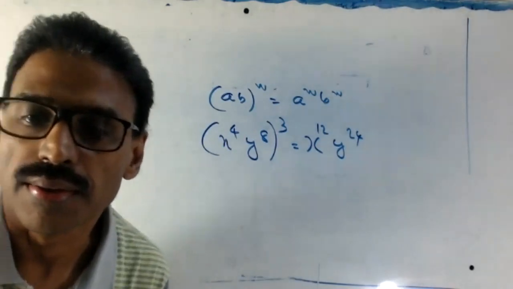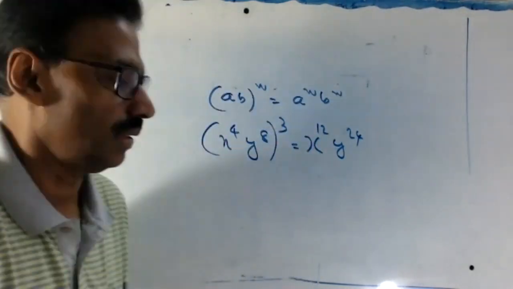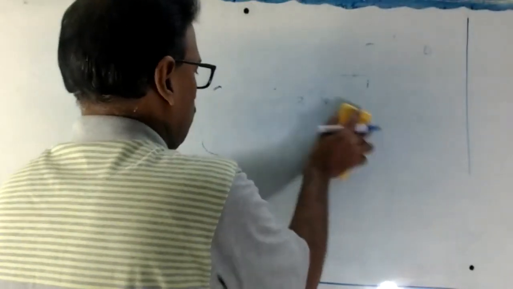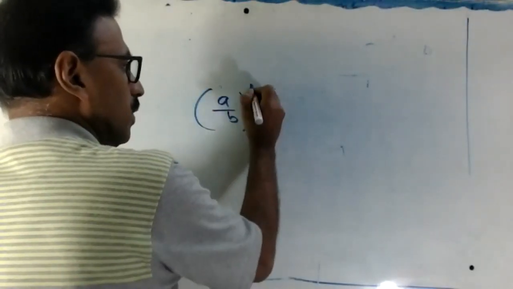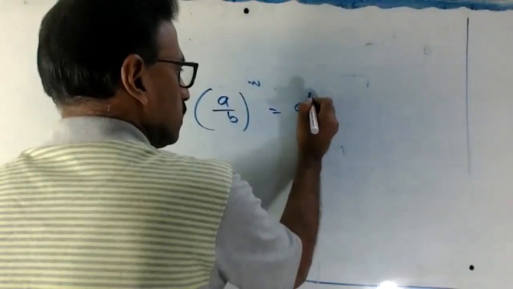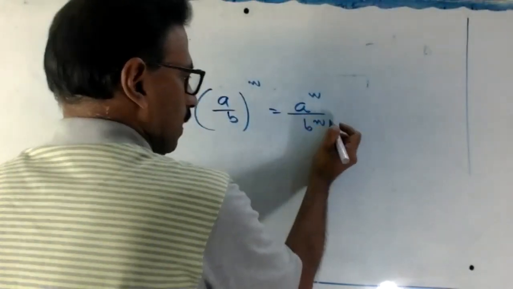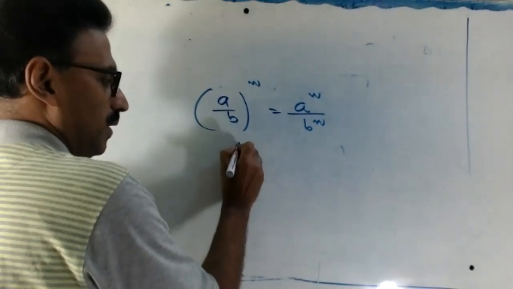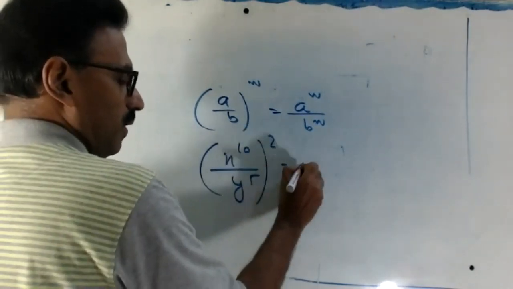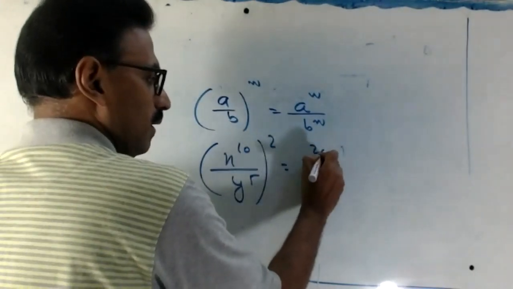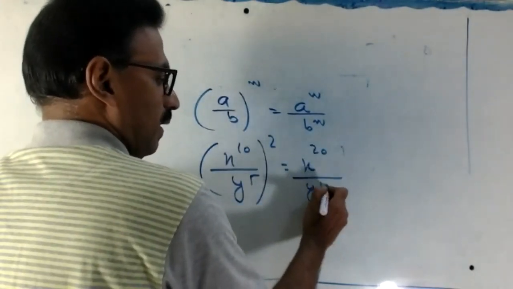Okay, then look, next one here, a by b whole raised to n, that is a raised to n divided by b raised to n. Example x raised to 10 divided by y raised to 5 whole square, what, x raised to 20 divided by y raised to 10.